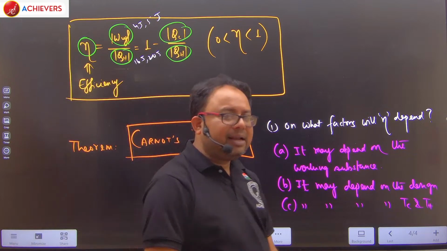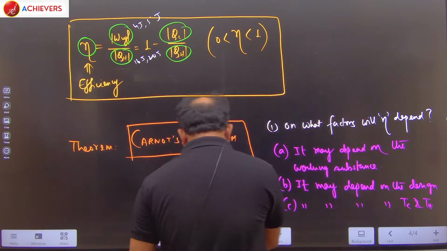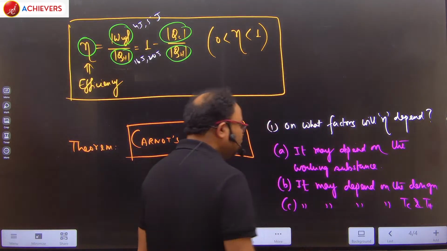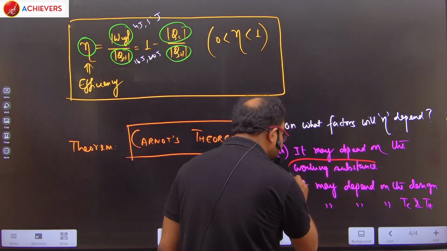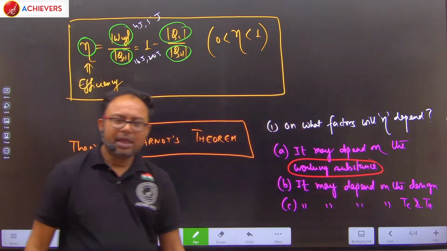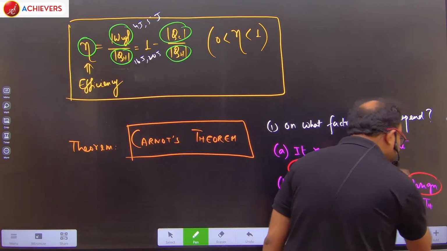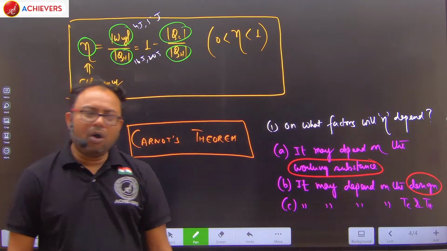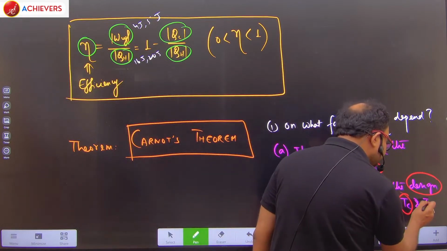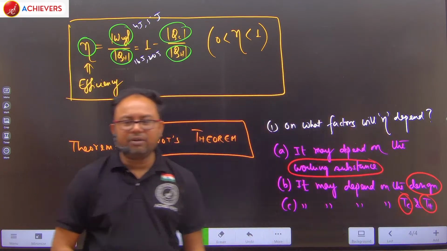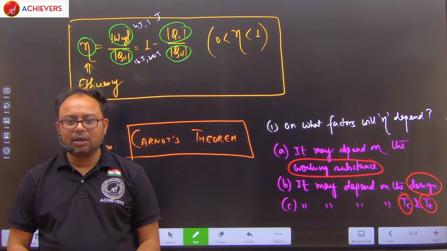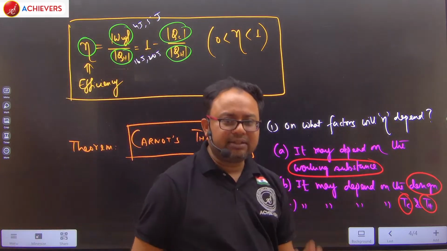So fundamentally, eta is considered to be dependent on the working substance of the engine, it may depend on the design of the engine, or it may depend on the temperature of cold and hot reservoirs, that is TC and TH. So eta may depend on these three parameters.